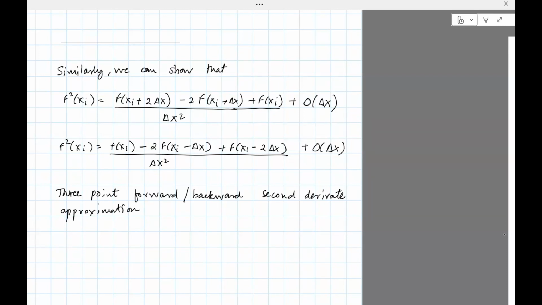It's 3-point because it uses 3 points, and it's forward or backward because of the way the points are. The first only uses points forward of xi, so xi plus delta x and xi plus 2 delta x. And the second is called backward because it only uses points behind xi, so xi minus delta x and xi minus 2 delta x.